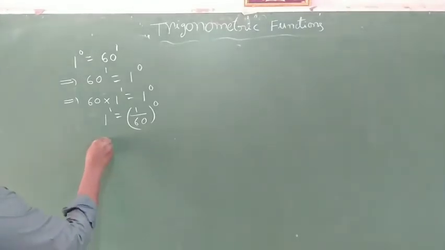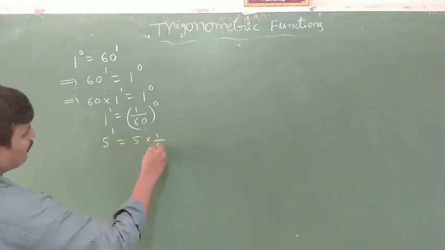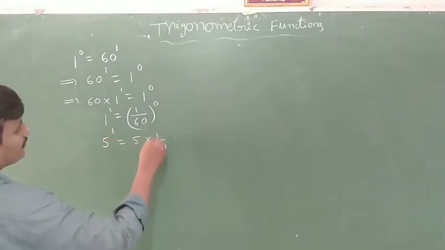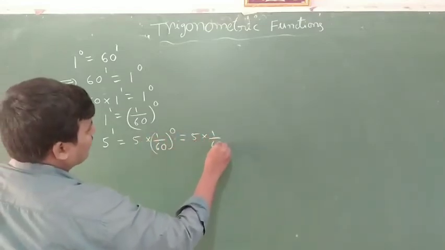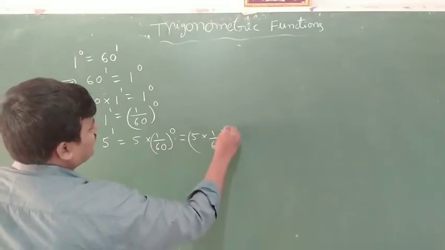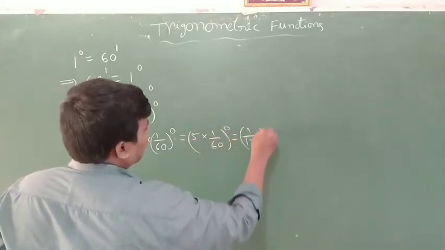So 5 minutes is equal to 5 into 1 by 60 degrees, so that is equal to 1 by 12 degrees.